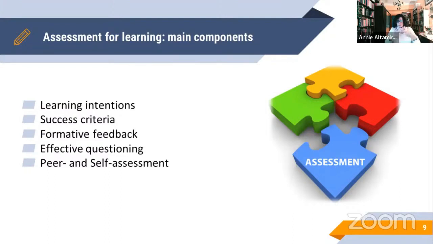That is, peer and self-assessment that considers not only what pupils have learned, but also how they learn best. I'm going to touch in this session briefly upon these items because there's a lot here to talk about, but at least in this session, I will be able to give you a bird's eye view of all these elements.